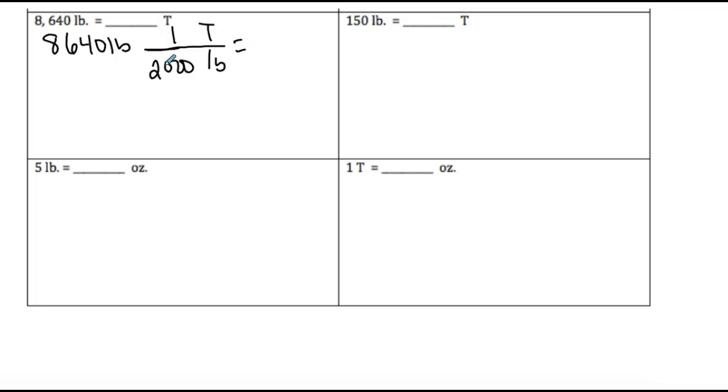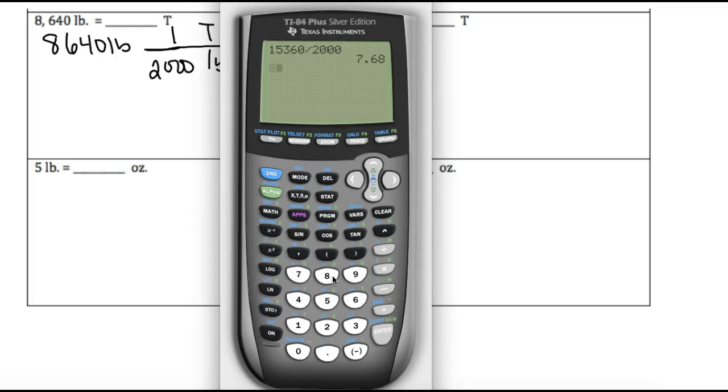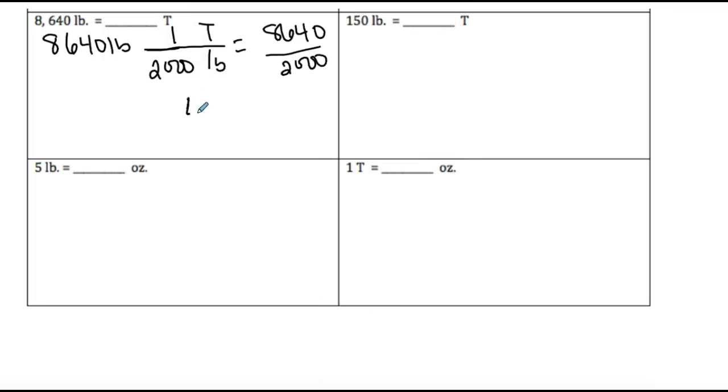When I multiply straight across, I get 8,640 over 2,000. My calculator helps me know that when I divide that out, I get 4.32 or 4 32/100ths. 4.32 tons.